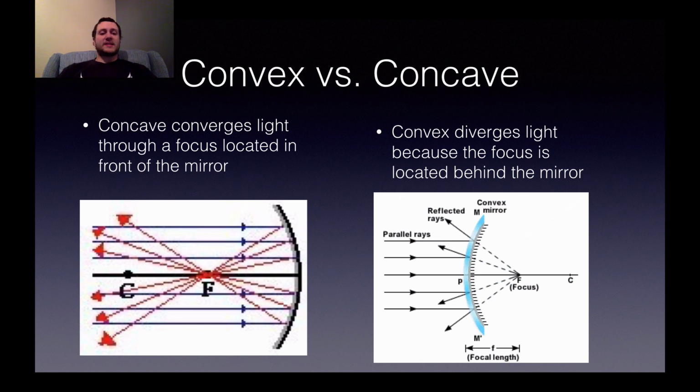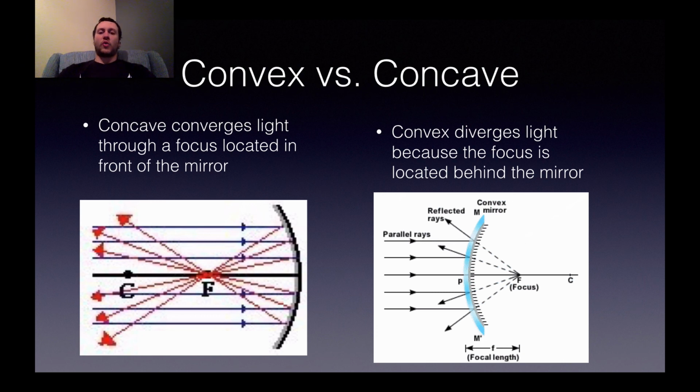As you go inside of that focus, now that light isn't going to focus in front of the mirror. Instead, it's going to focus behind the mirror, which is going to produce an upright image that is going to be big.